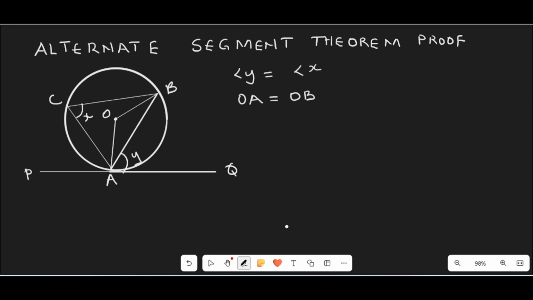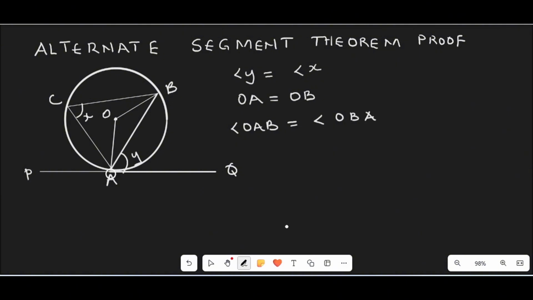Also, our angle OAB is equal to our angle OBA, since angles opposite to equal sides are equal. Angle OAB equal to angle OBA.